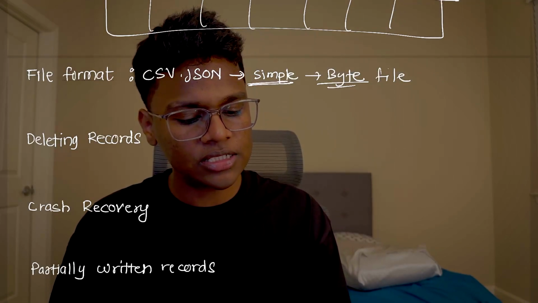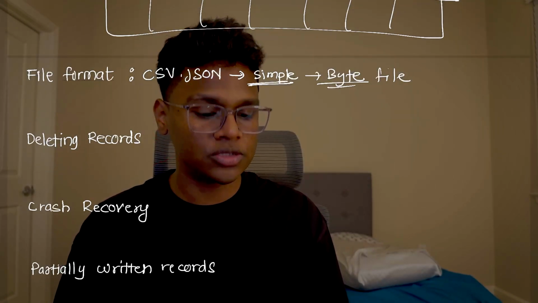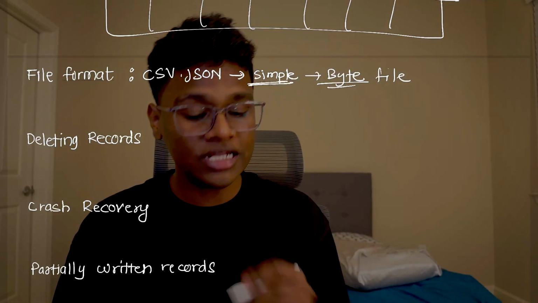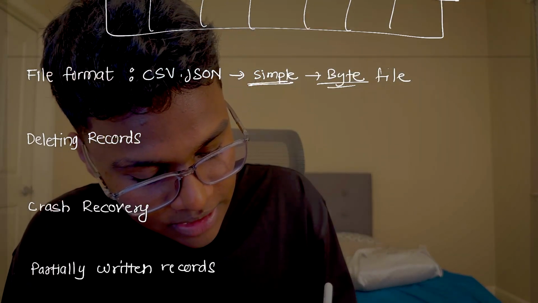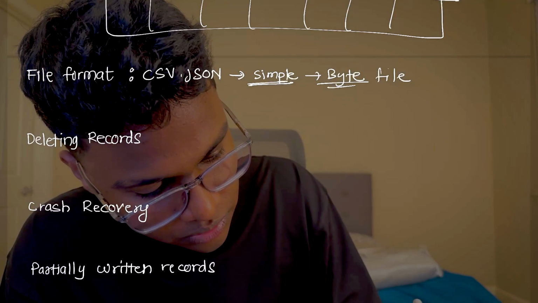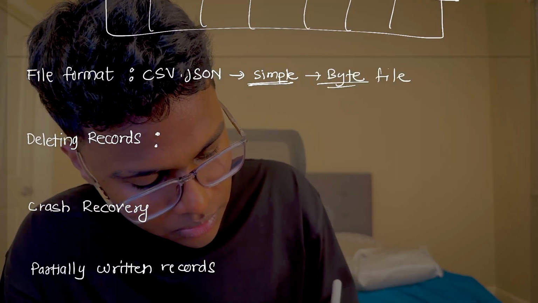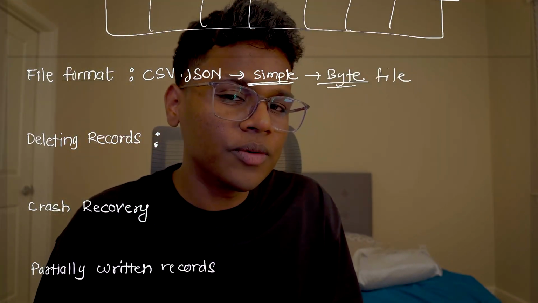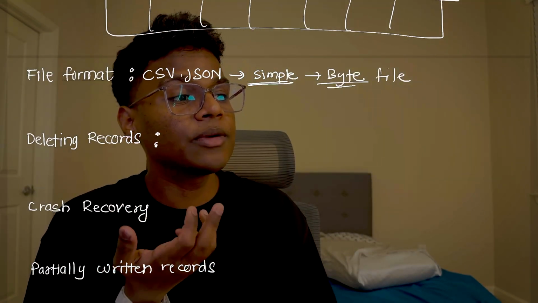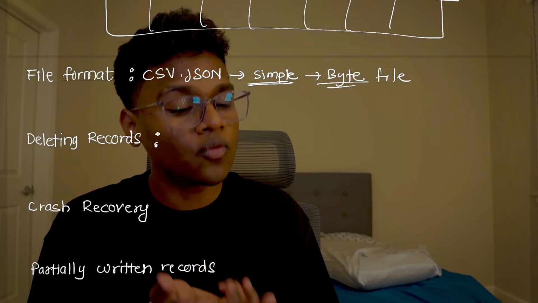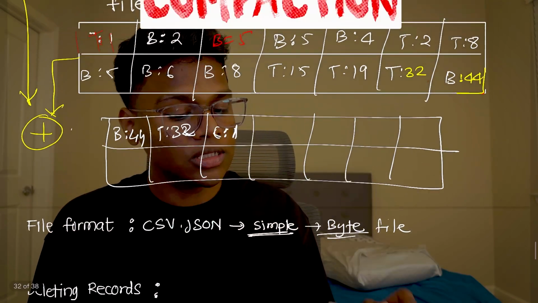The second challenge is the deletion of records. So how can we handle the deletion of records? That's the main thing, right? Okay, so what could be our deletion strategy? How do we tell the database that this particular record has been deleted and we don't want to take any updates?